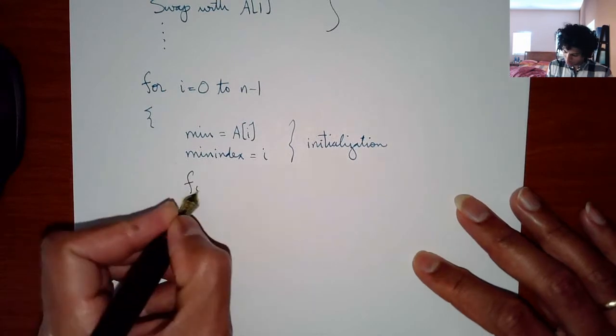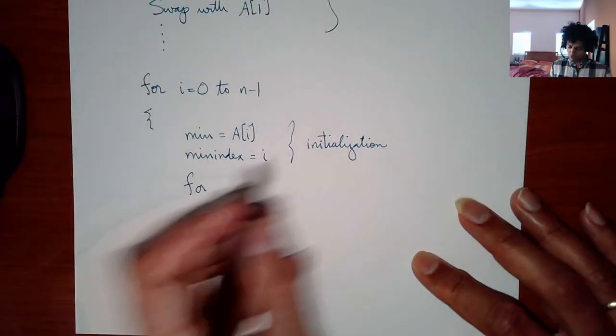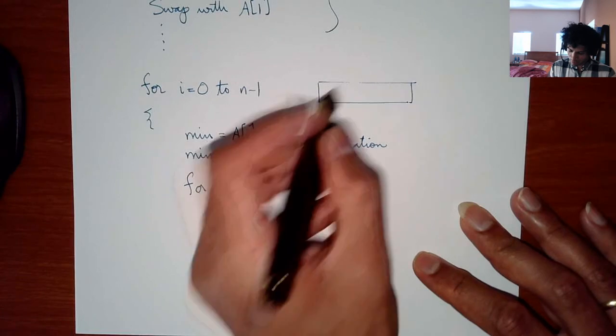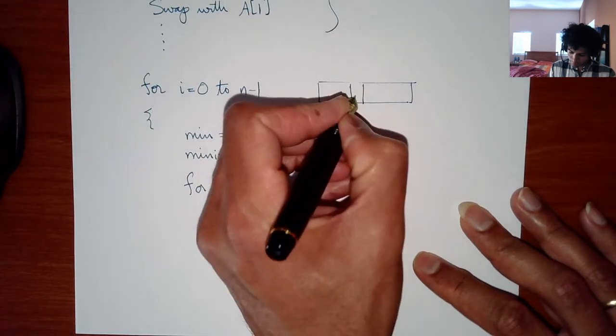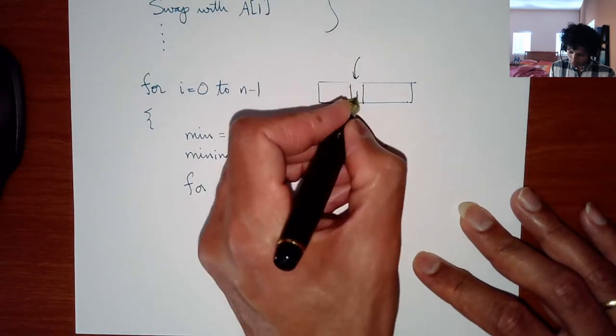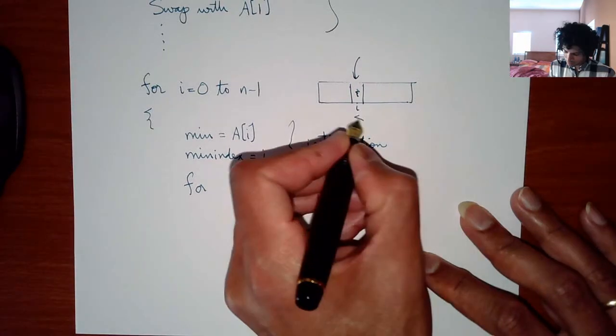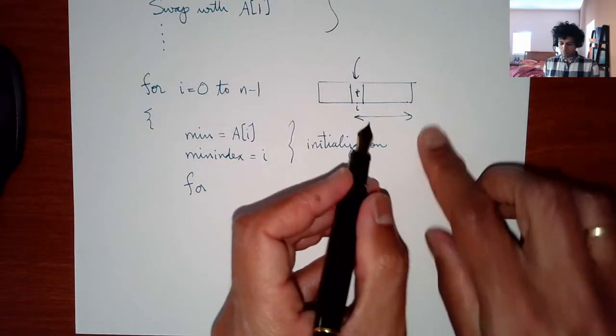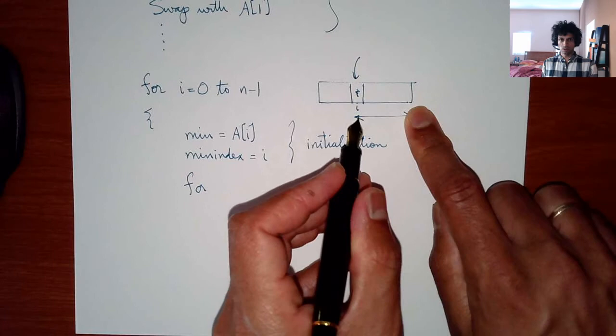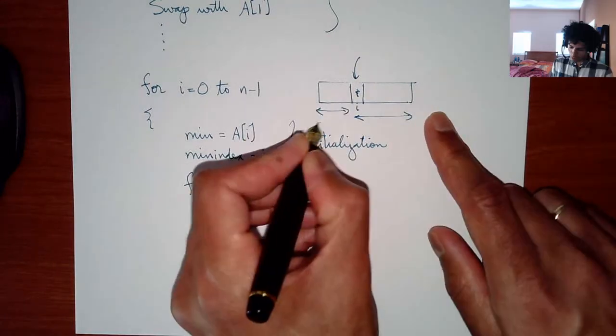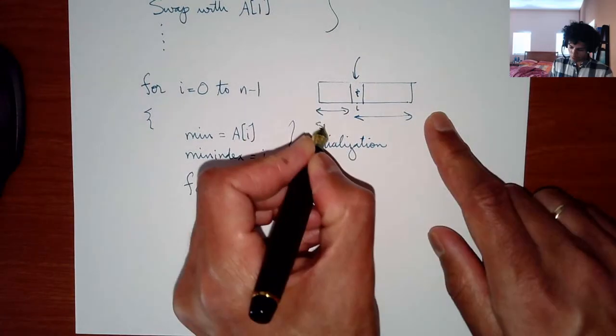And now, here's i. We need to find the minimum in whatever is in here and swap it with A of i. We will assume that everything before i is already sorted. That's what's happening in this loop.